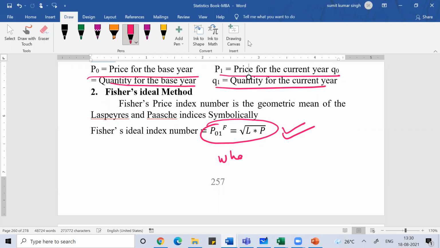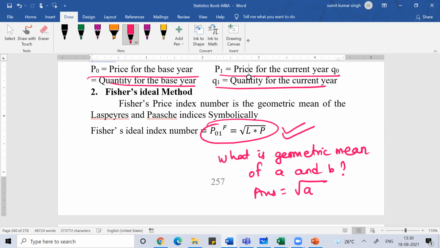What is the geometric mean? If I ask you the geometric mean of A and B, the answer will be root AB. So you find the Laspeyres index number, you find the Paasche index number, multiply and take the root of that. That we call the Fisher ideal index number.